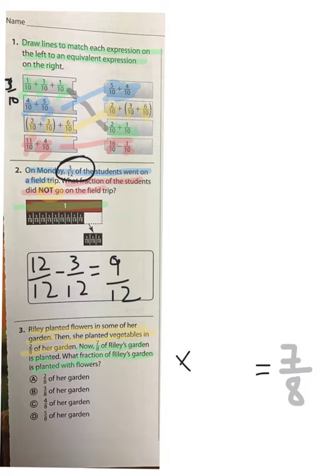I'm going to use an X with flowers, plus she planted 2/8 with vegetables. So we need to figure out what X is. So think, what plus 2/8 is going to equal 7/8? Well, your answer should be 5/8 because 5/8 plus 2/8 would equal 7/8. So our answer should be D.